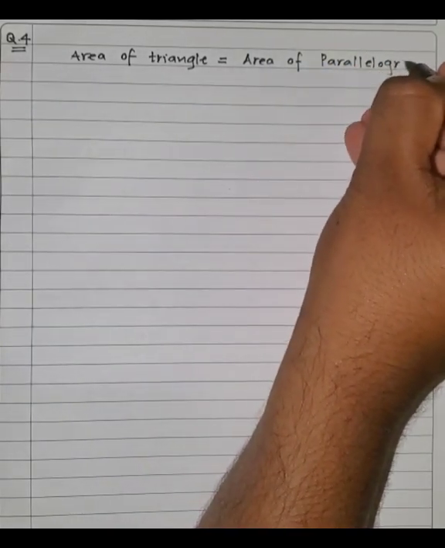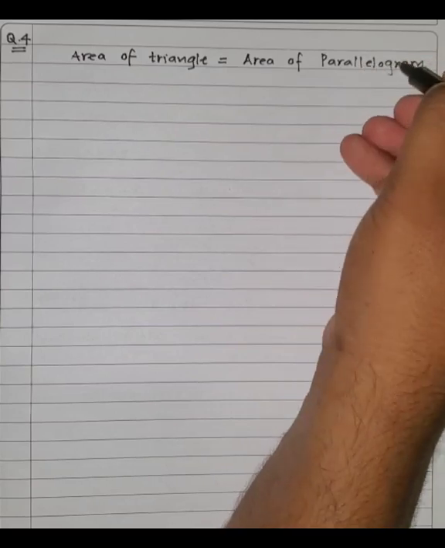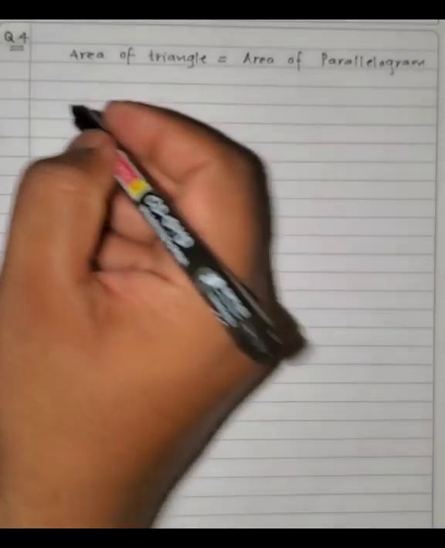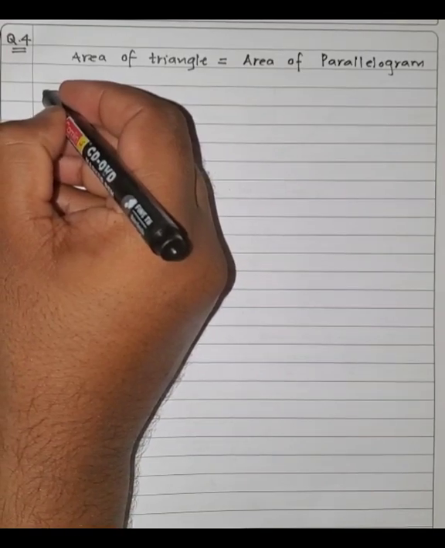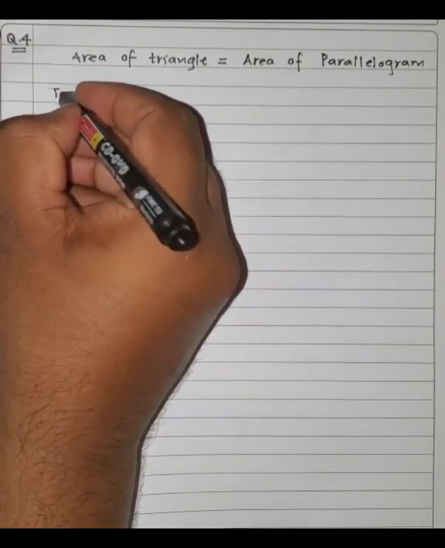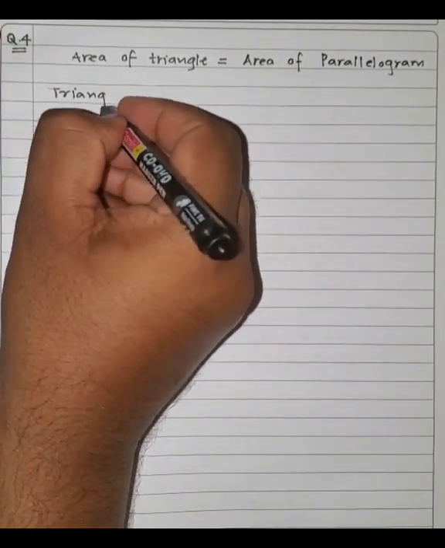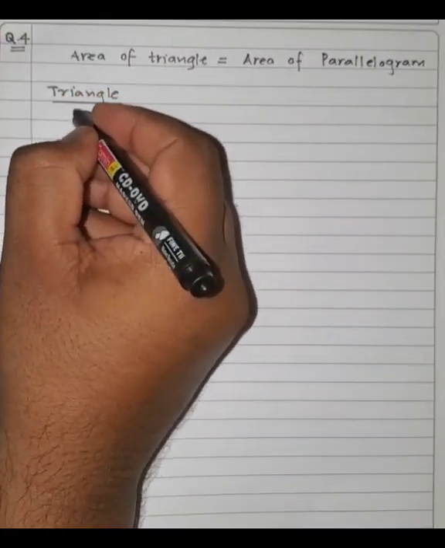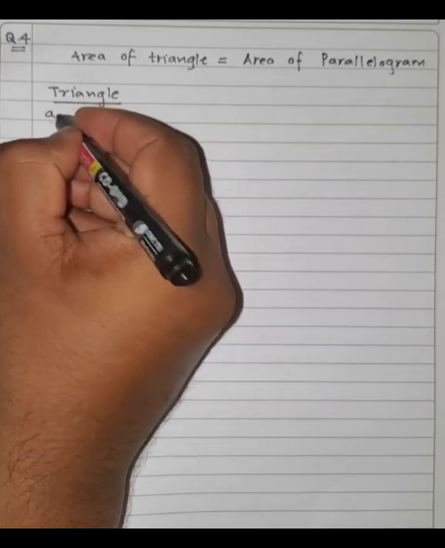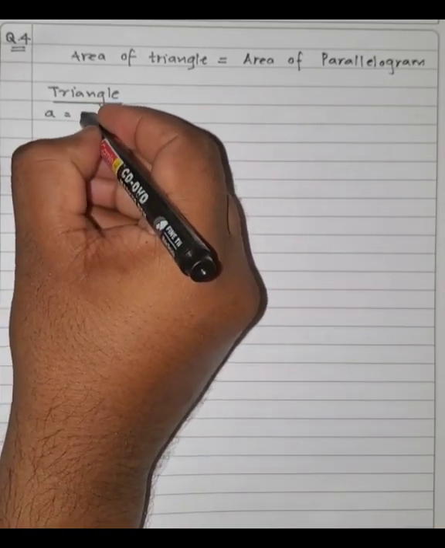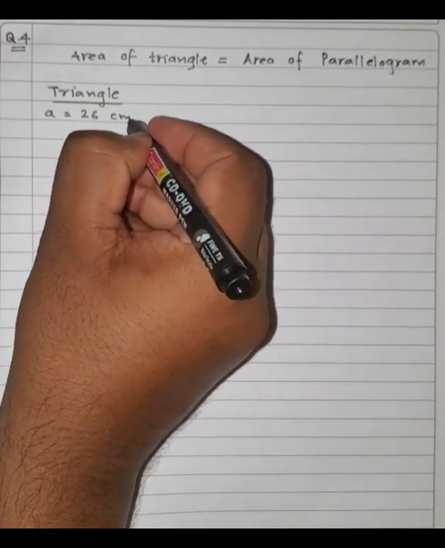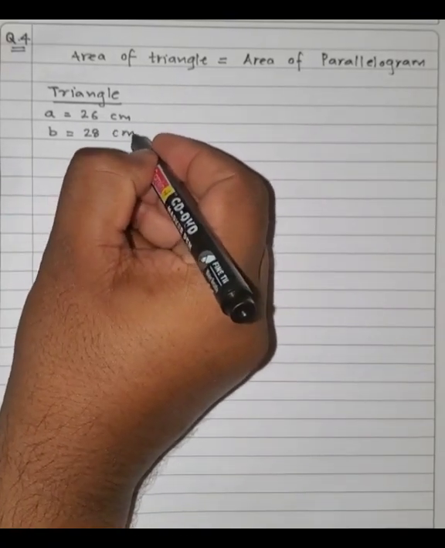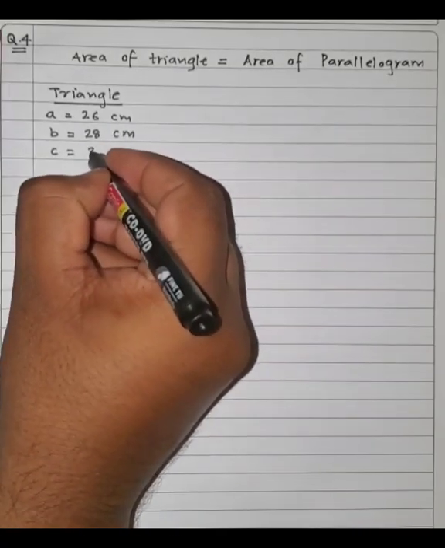So if the area of the triangle is 20, the area of the parallelogram would also be 20. Now, it has been given in the question that there is a triangle and the triangle has sides with the measure 26 centimeter, 28 centimeter and 30 centimeter.